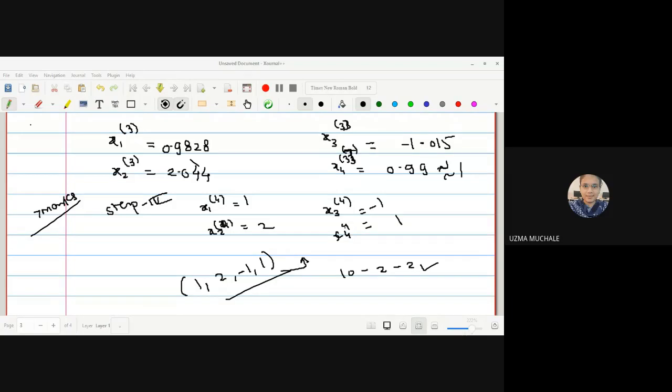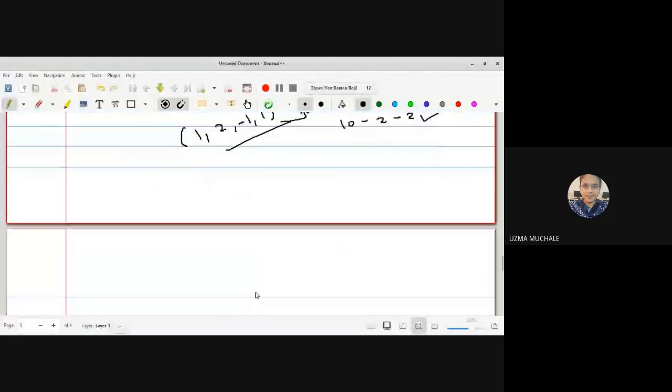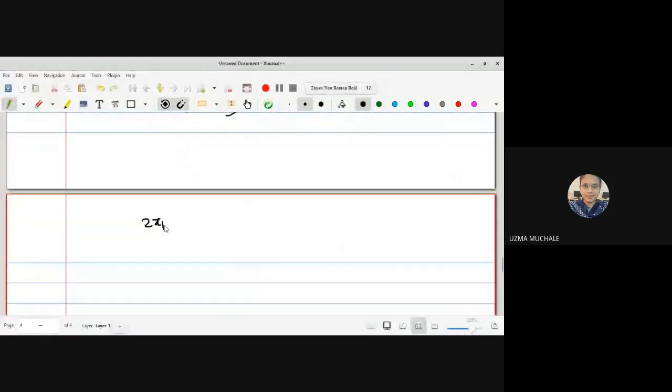Okay, write the example for homework. 2x1 plus x2 minus x3 is equal to minus 1. Ma'am, please repeat. Okay, I will write it again: 2x1 plus x2 minus x3 equal to minus 1.